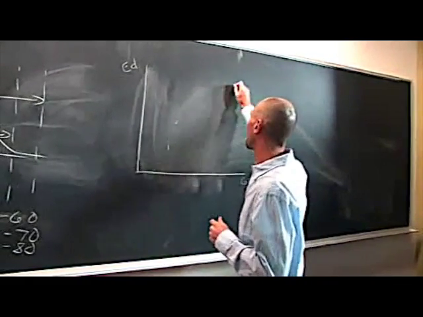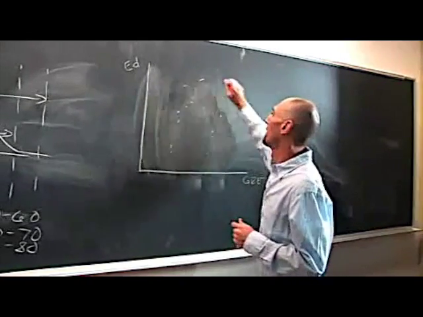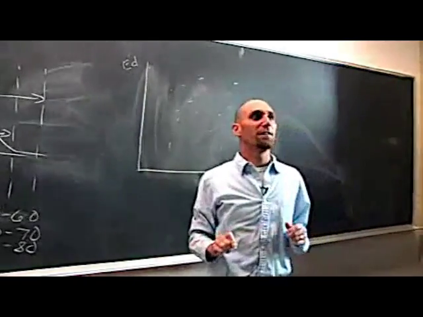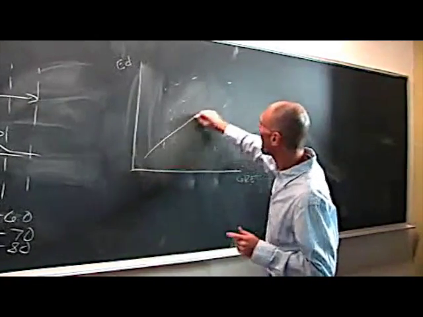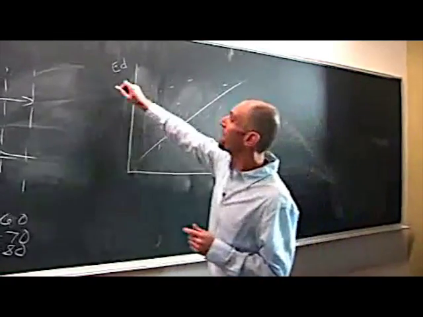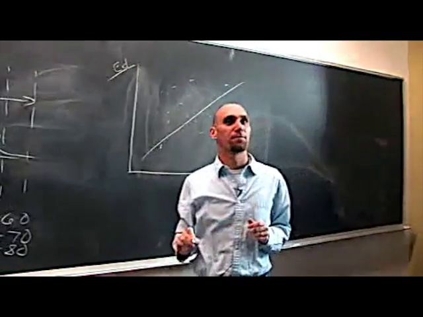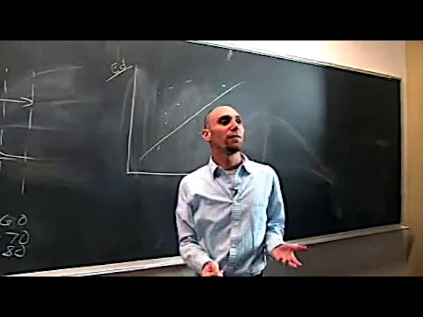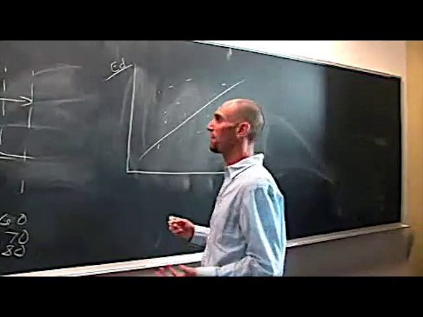Somebody might be here. So you're going to be all over the place there. But we're probably going to see some trend that looks something like this. That is, as your years of education increases, your GRE score increases as well. That's a positive association. We expect these two variables to be positively associated.